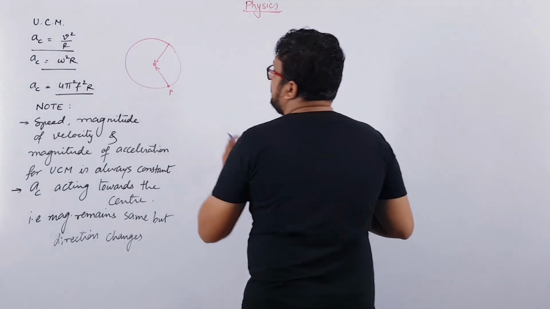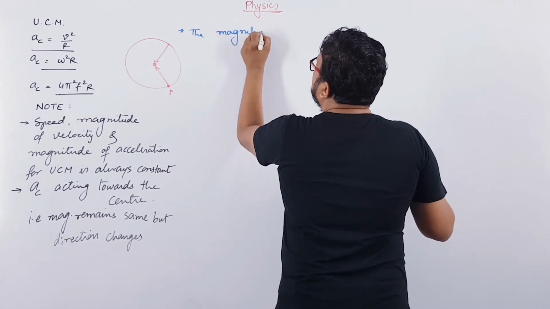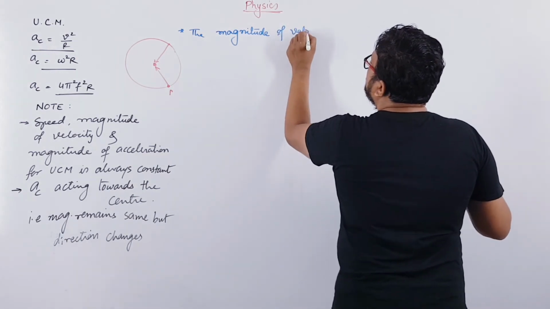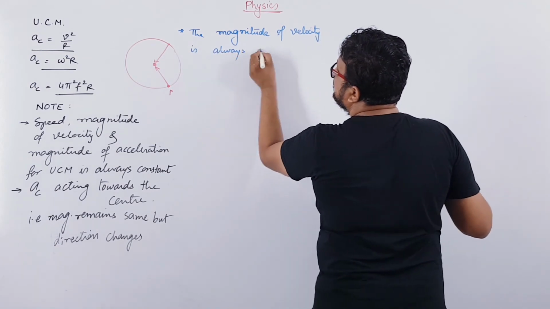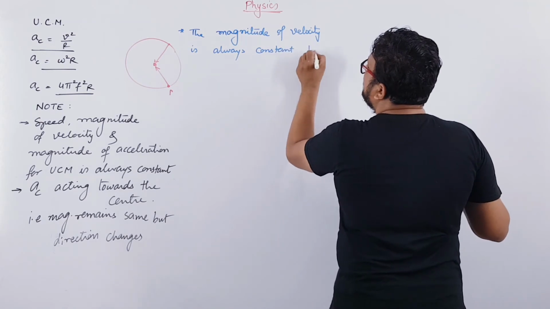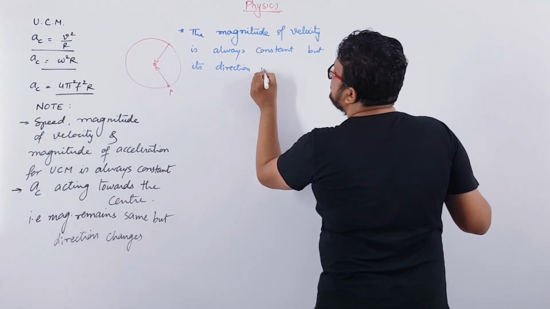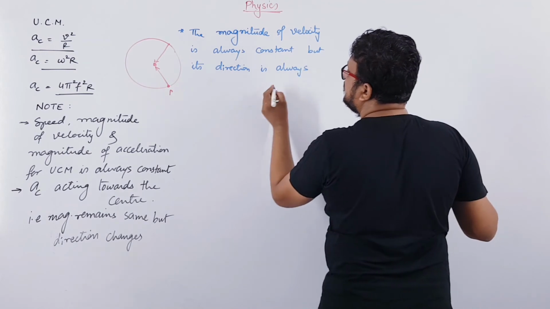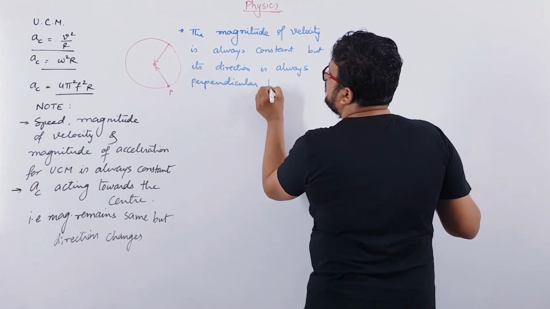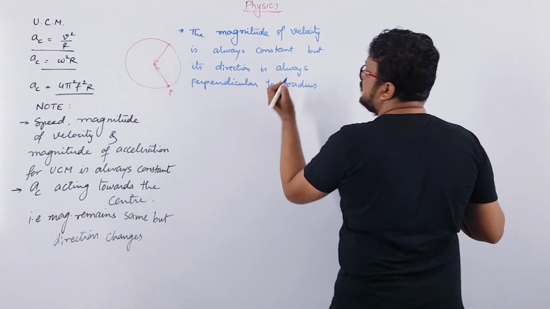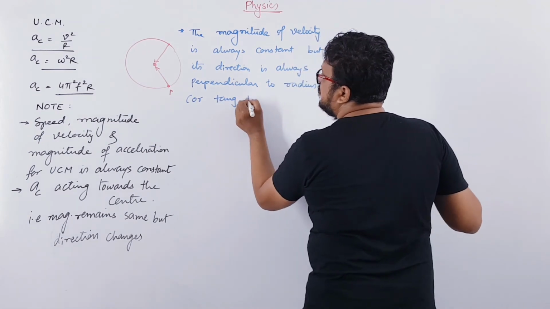In the same way, the magnitude of velocity is always constant, but its direction is always perpendicular to the radius of the circular path, or you can say it is tangential to the given point.